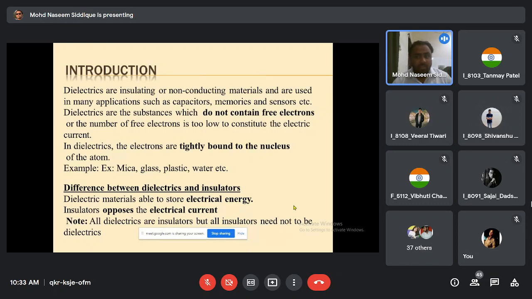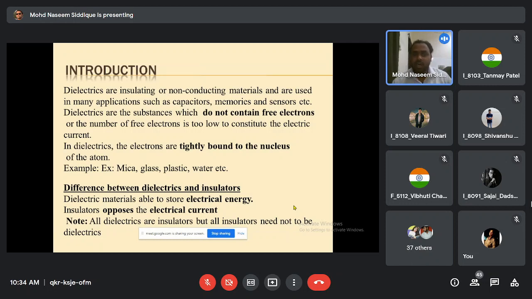Okay. So everything should be clear, especially in physics. Every concept should be clear. So then what are the dielectrics? The one question arises in our mind, what are the dielectrics basically? Some people say that the dielectrics are the insulator. This is good.